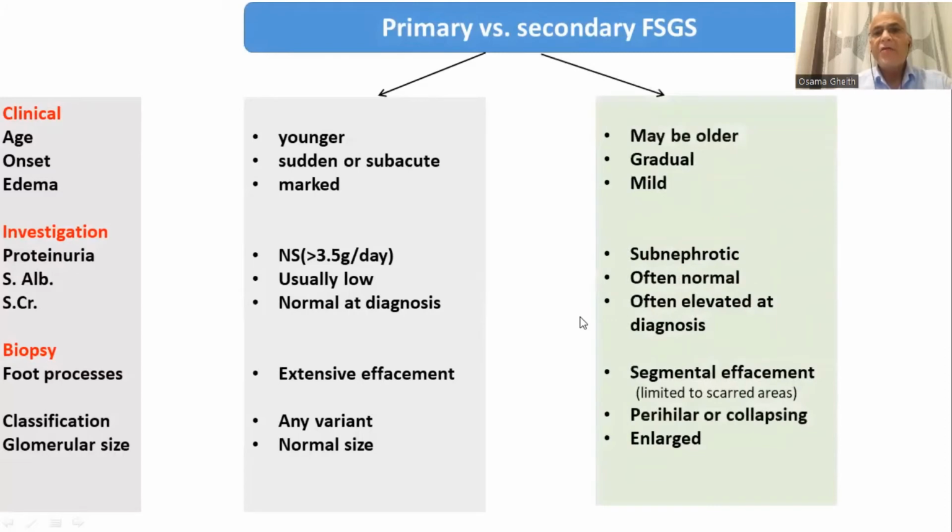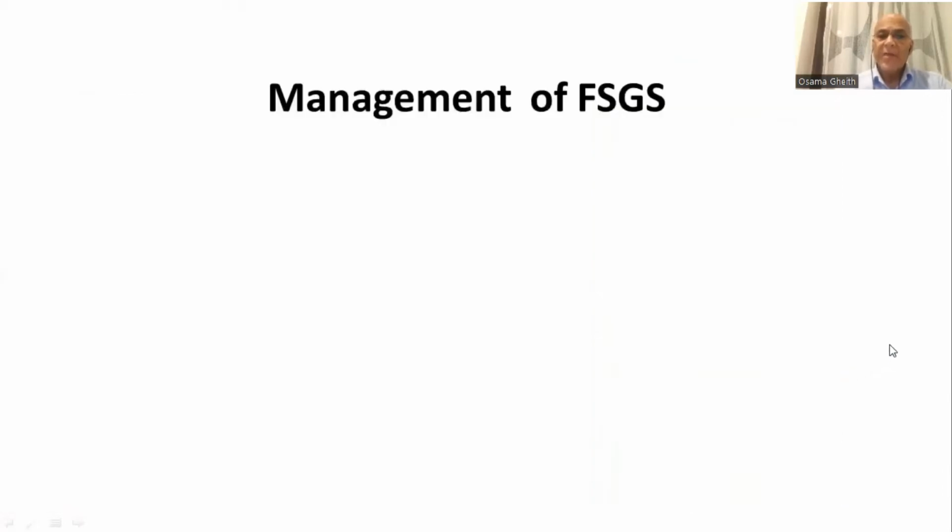But the secondary form usually occurs in older patients with gradual onset and mild edema, subnephrotic proteinuria, normal albumin, and usually the creatinine is a little bit high at the time of diagnosis. And usually the variants are either perihilar or collapsing with enlarged glomeruli.